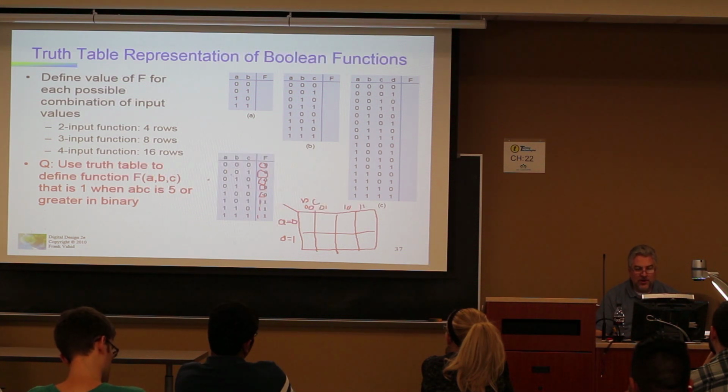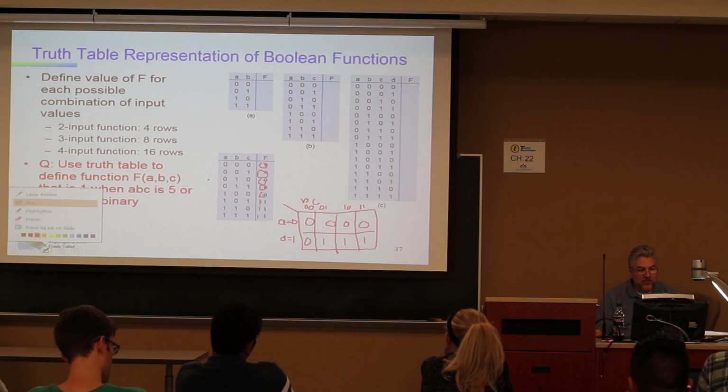Well, first of all, whenever A is 0, it's always going to be 0 here, right? And when A is 1 and B and C are 0, that's going to be 0. And then the other times it's going to be 1.